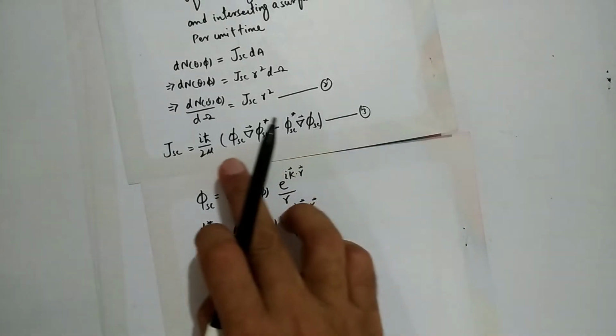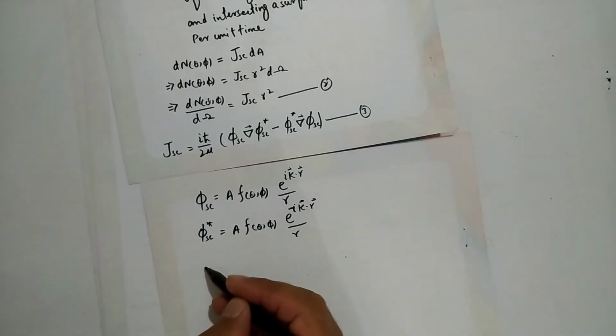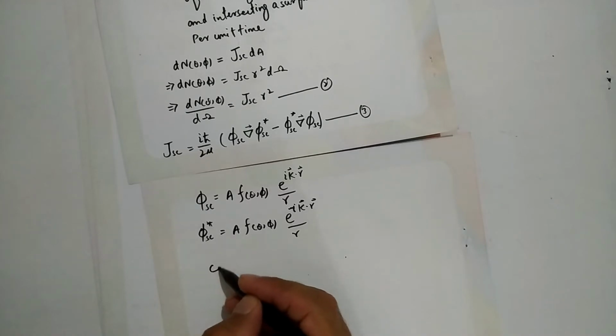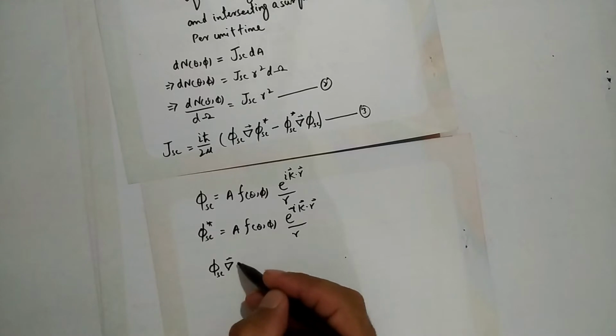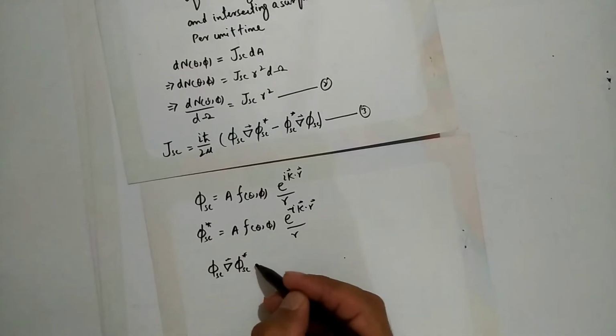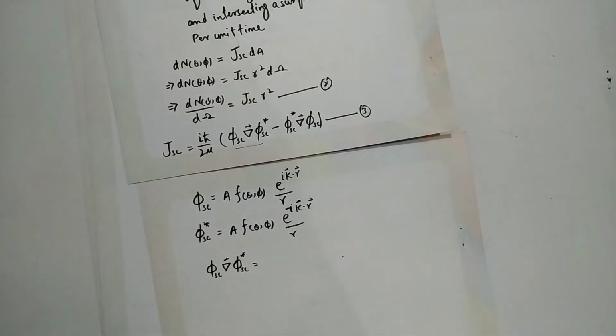Now we are going to calculate this term. Therefore, the scattered wave times the gradient of the complex conjugate of the scattered wave will be equal to, here, the first term in equation number 3.